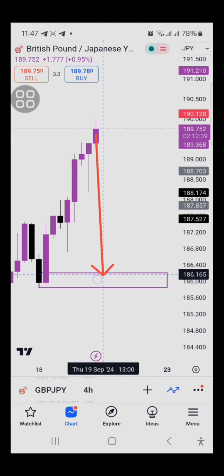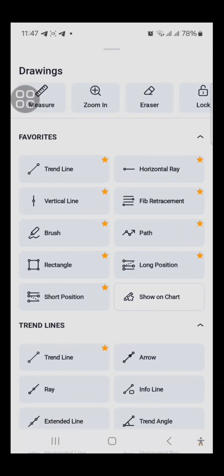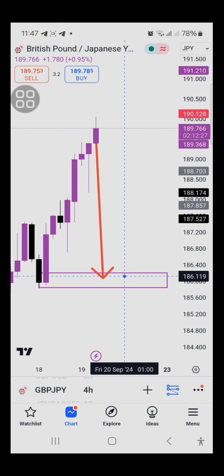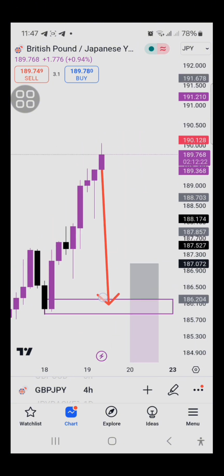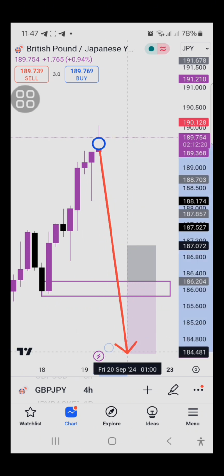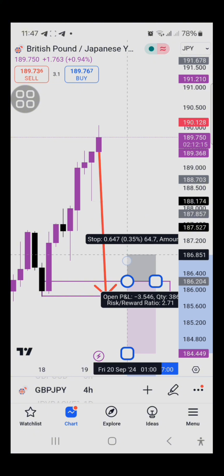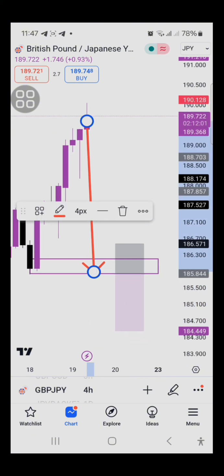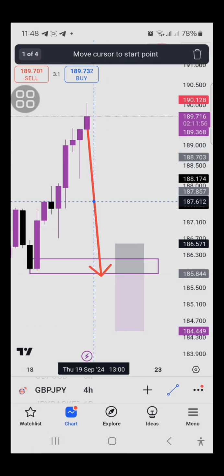So what I'm simply going to be doing is to pick up my short position tool, somewhere here, and of course I want this sell position to continue going down. But you are not the owner of the market. If for whatever reason price decides to come here and then continue going up again, let me use a trend line this time around.